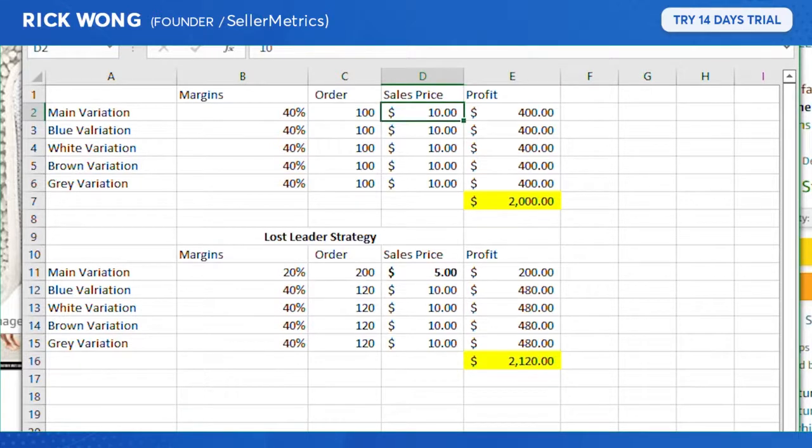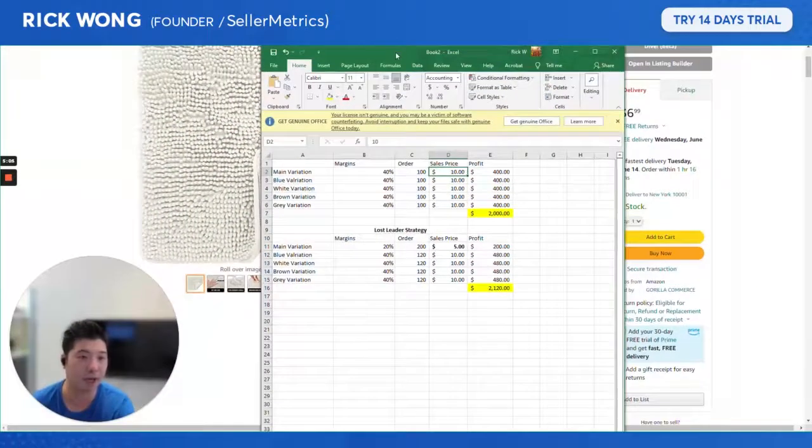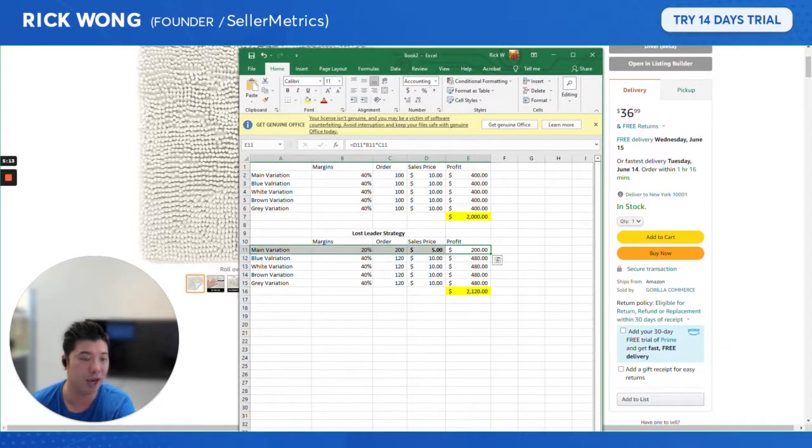So this is one way that you could very, very quickly take advantage of your variations, right? Rank for your main keywords with the variation that is very aggressively priced, even though your cost per click or your ACoS is relatively high, but you're making up on total ACoS on the rest of these variations.